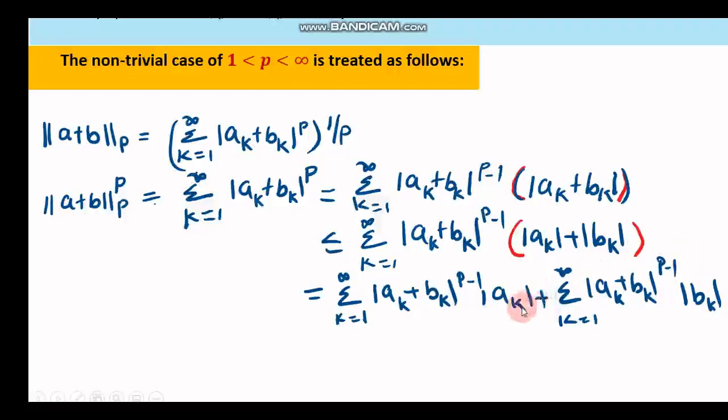Now, you know this term, it is of the form sigma a_k into b_k. So we are applying Hölder's inequality for each term.